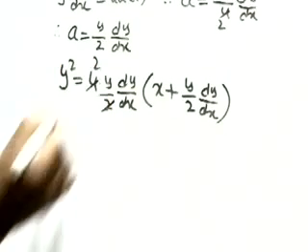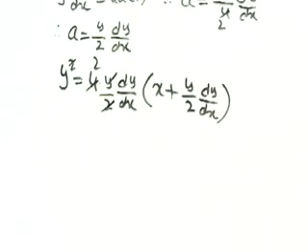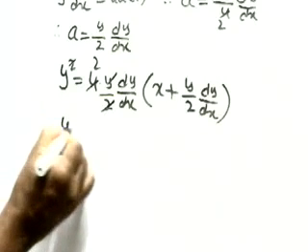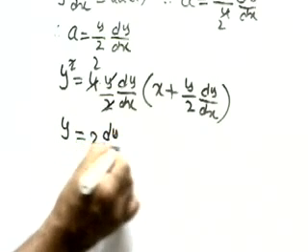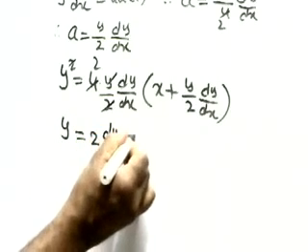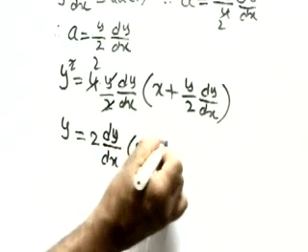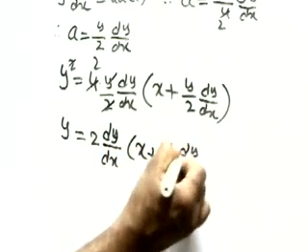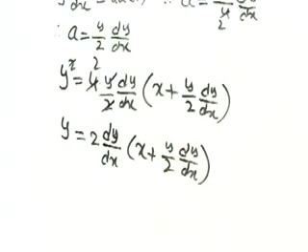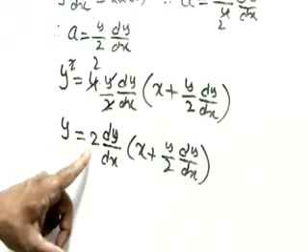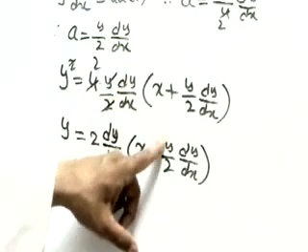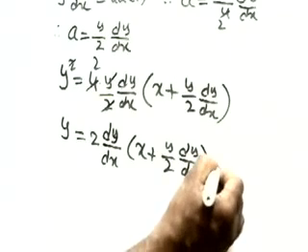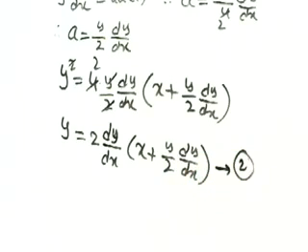If we cancel, the 2s cancel and y with y square cancels. What is left here: y equals 2 into dy by dx into x plus y by 2 dy by dx. Let me note this as equation 2.